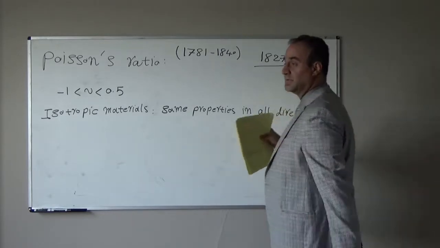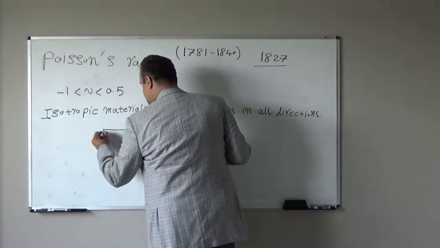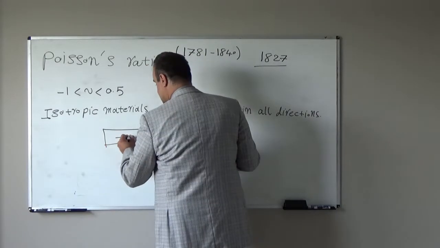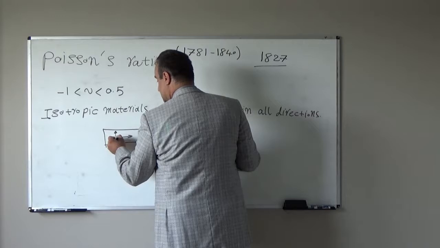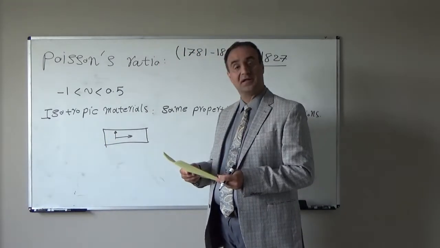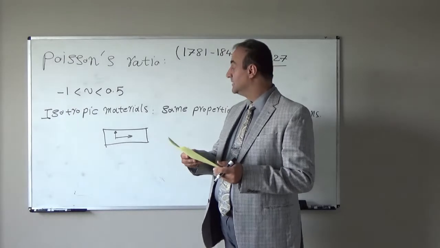Or the material property is independent from direction; in this direction, in this direction, it is the same. So this kind of material, we will call it isotropic material.